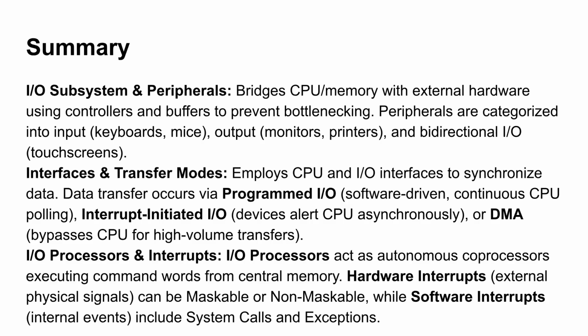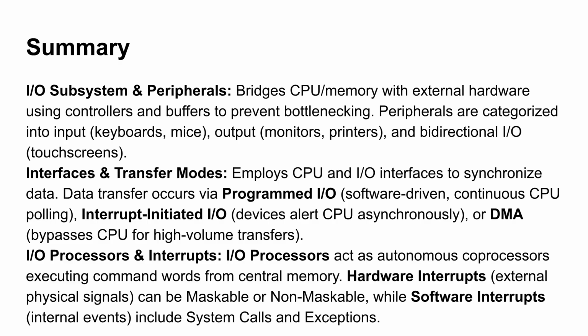To wrap up our discussion on input and output system organization, let's review the core concepts. The I/O subsystem bridges central processing units and main memory with external hardware, relying on specialized controllers and buffers to keep data moving smoothly. We categorize peripherals into input, output, and bidirectional devices based on data directionality.